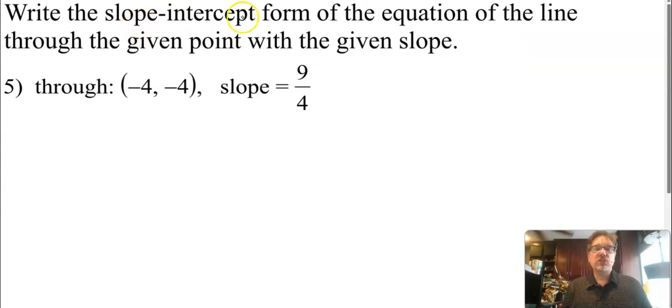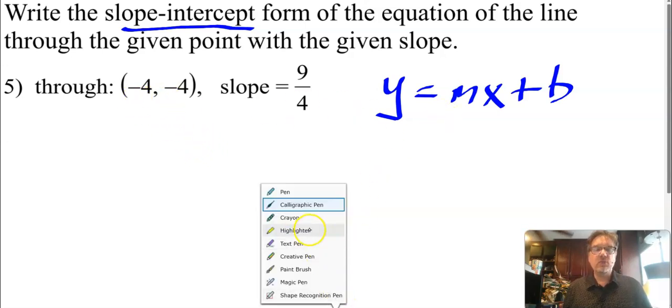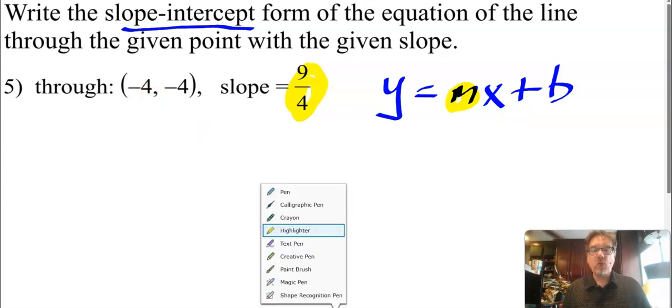Now let's write slope-intercept form of the equation of a line through this point with this slope. Alrighty, so slope-intercept form. I need my answer to say y equals mx plus b. The problem is they gave me slope, but they didn't give me b. They gave me a point.